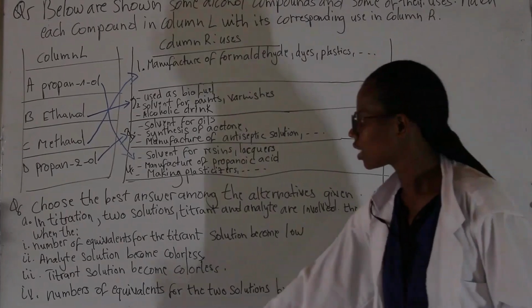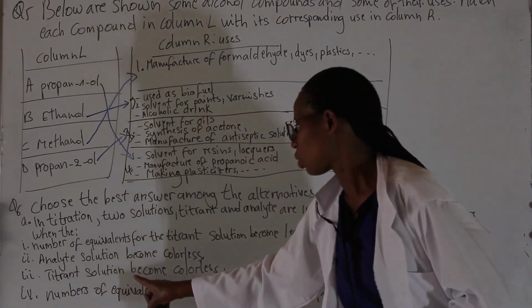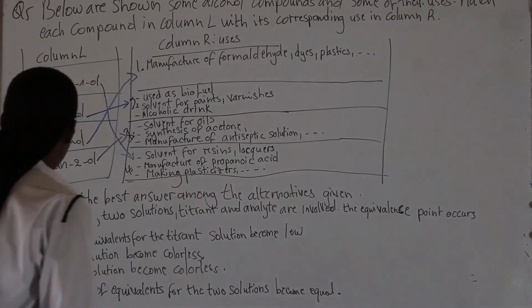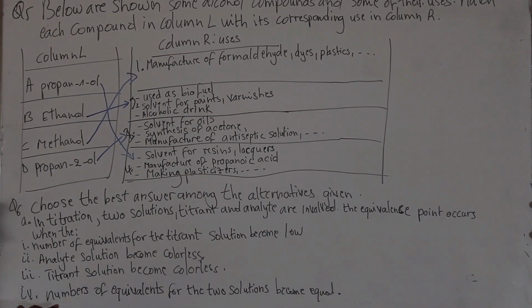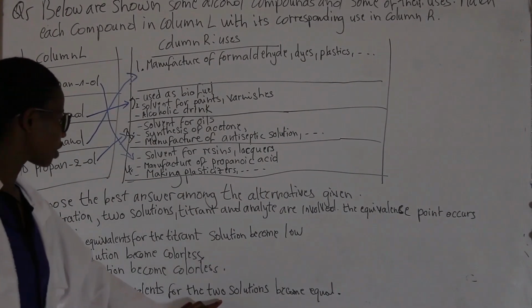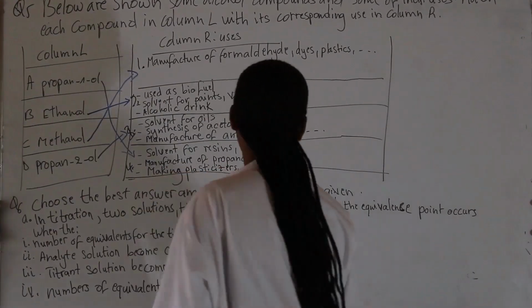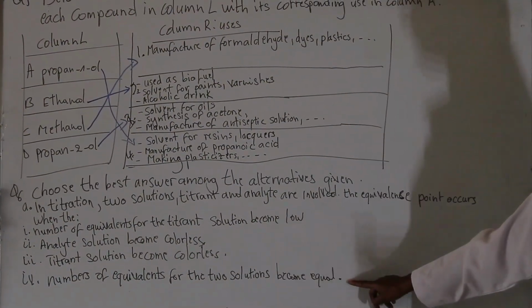This is not correct. For number 3, titrant solution becomes colorless. This is also not correct. For number 4, the numbers of equivalents for the two solutions become equal. This is the correct statement.